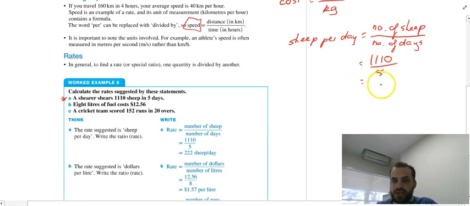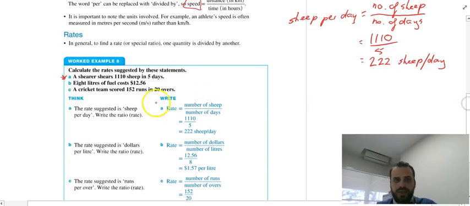That means that he's shearing 222 sheep per day. Or we can write it as sheep per day. Okay, so there's an example.